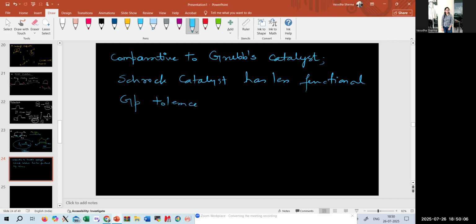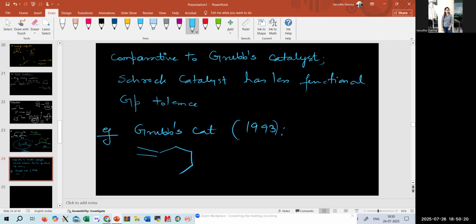So that's why the Grubbs catalyst has been widely used. For example, the Grubbs catalyst, which came in 1993, if you take this example, an example of intra metathesis.